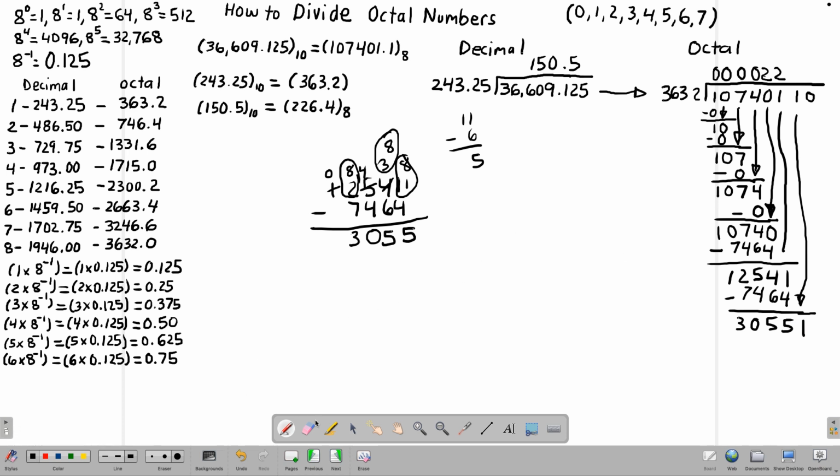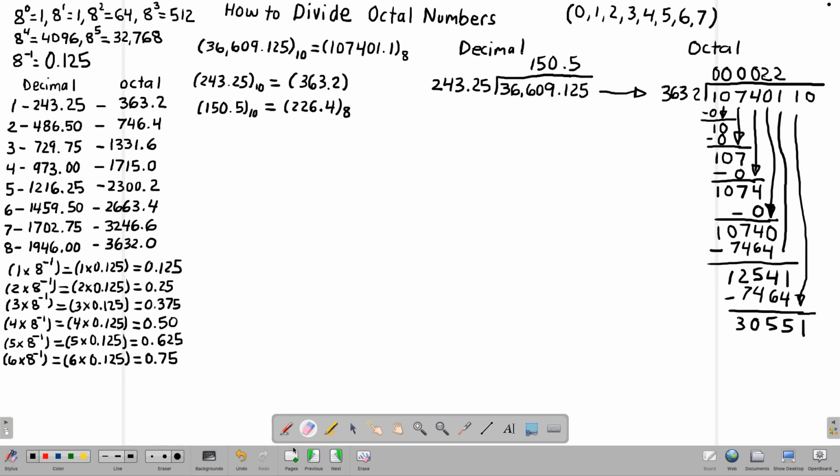So let's erase this, see what we have. Okay, so once again, we start and we ask a question again. We have 3632 divided into 30,551 in octal.